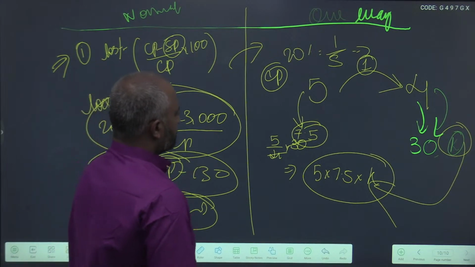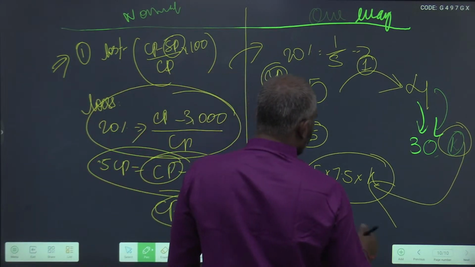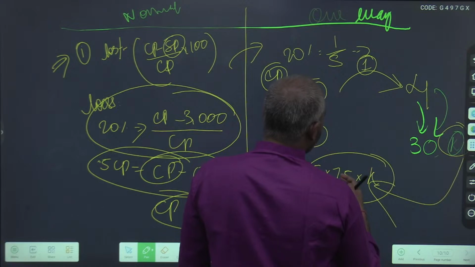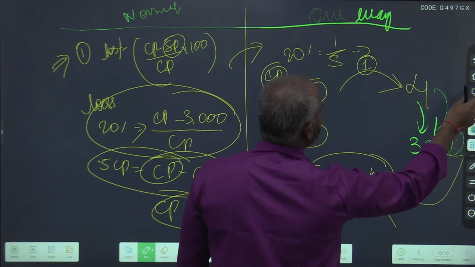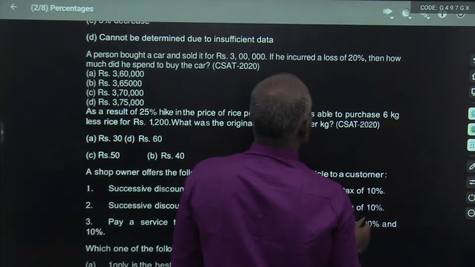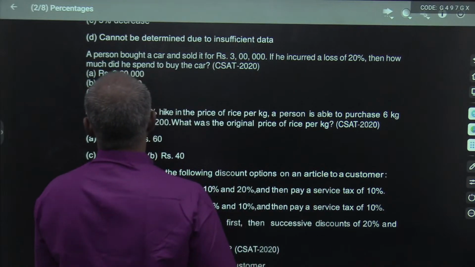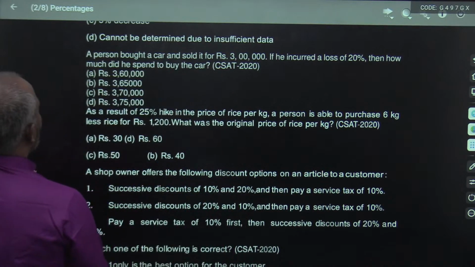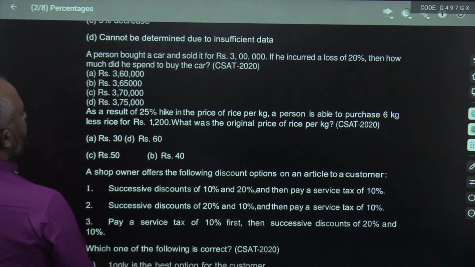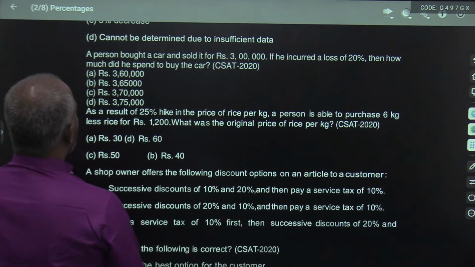Or one more way you can do, even, okay, you did not calculate even this. Then how much did he spend to buy the car?